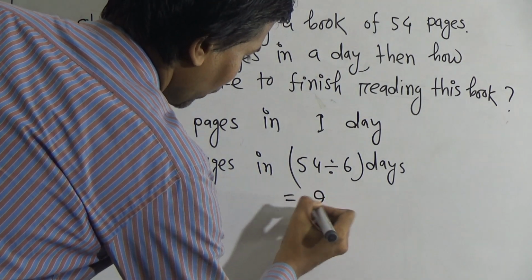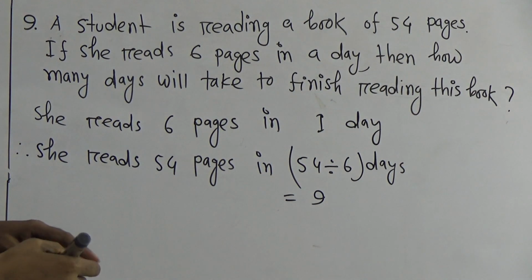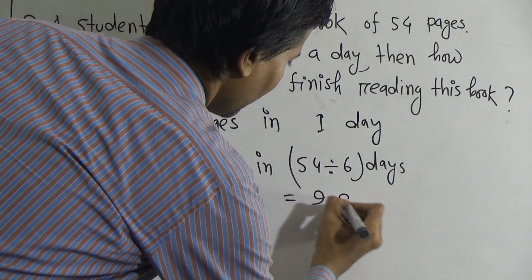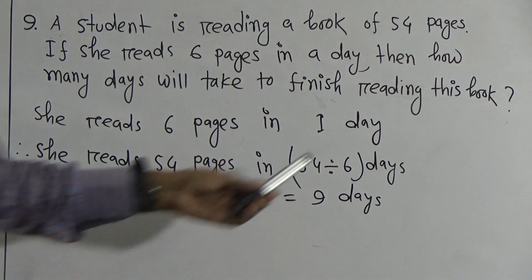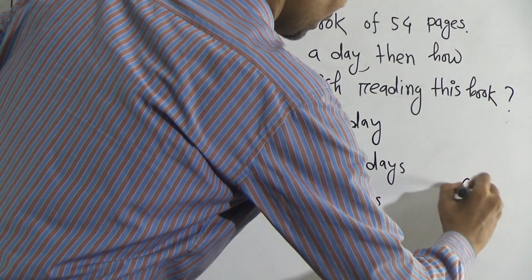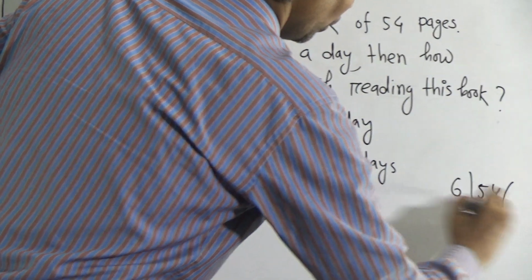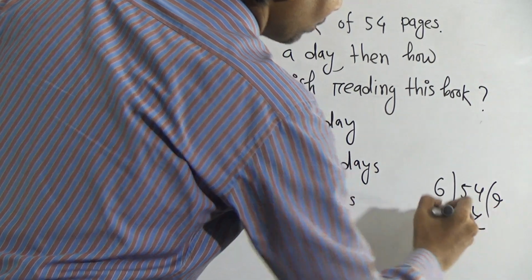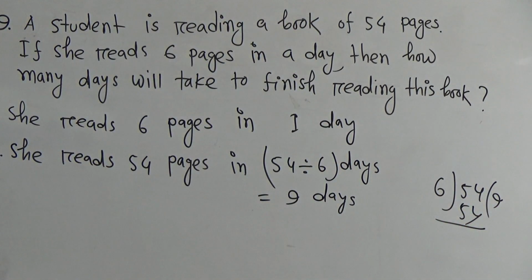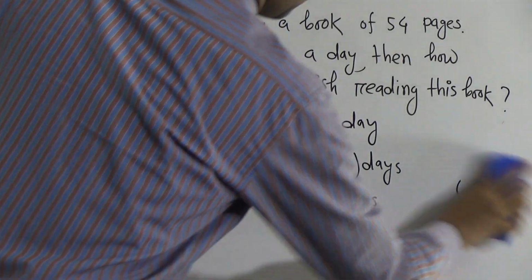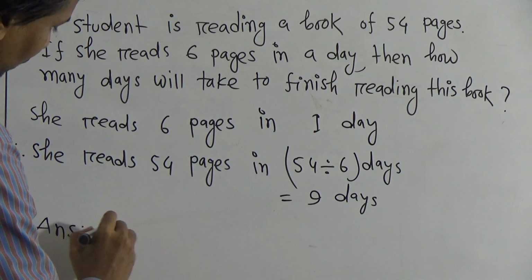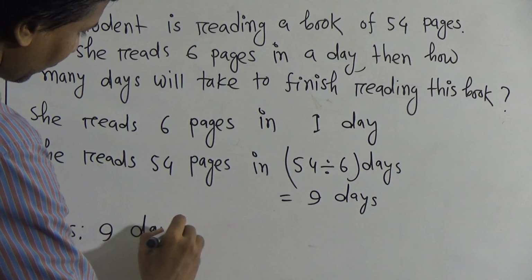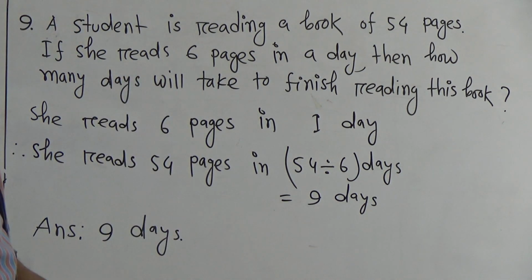Then we get 9 days. Dear student, you can divide this way: you know 6 9s are 54. Now you write the answer: 9 days. Dear student, like this way you have to solve the problem.